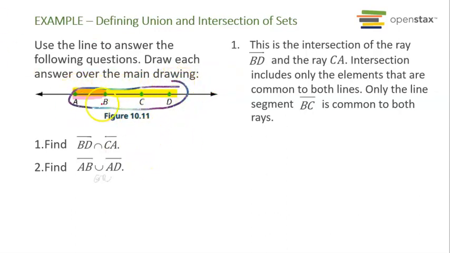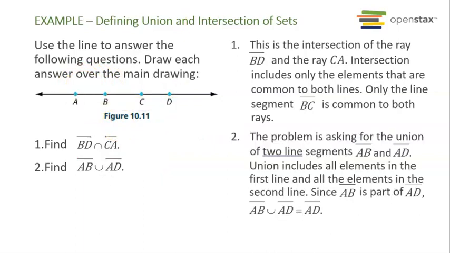So that would be A to D, which is a segment, not forever, because these are segments. Kind of like this segment just got overlapped. If I wanted to talk about AB intersection AD, it's not a very exciting intersection. It would just be that AB right there, like that.